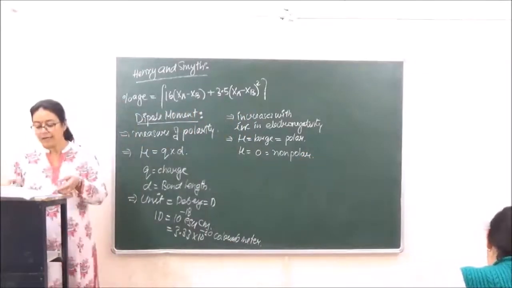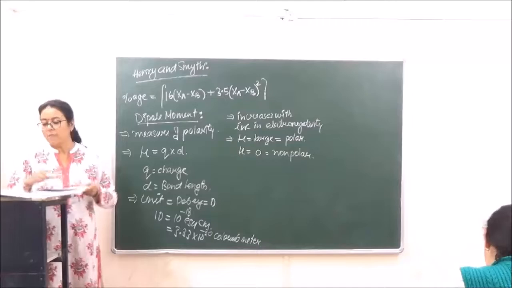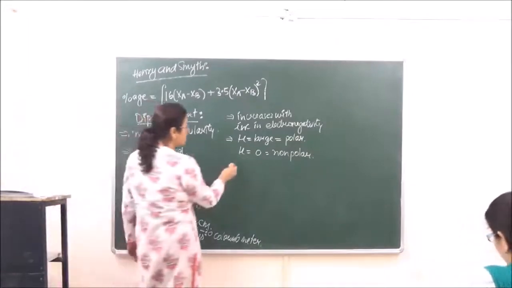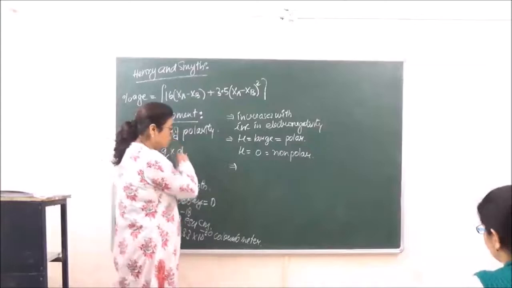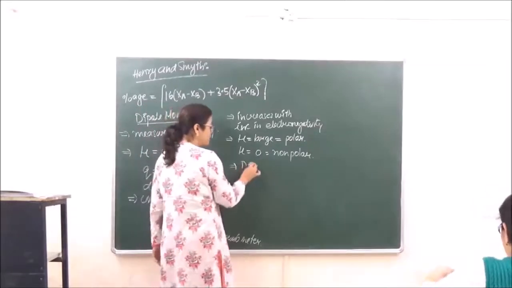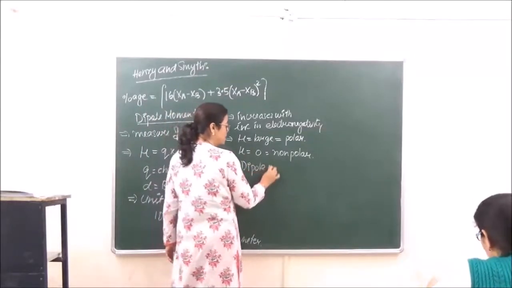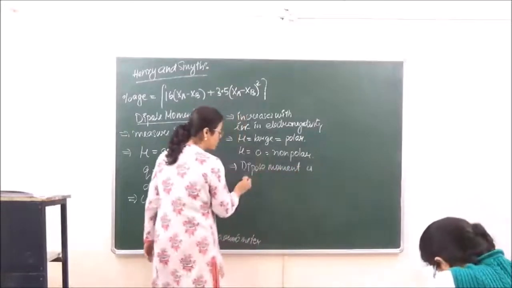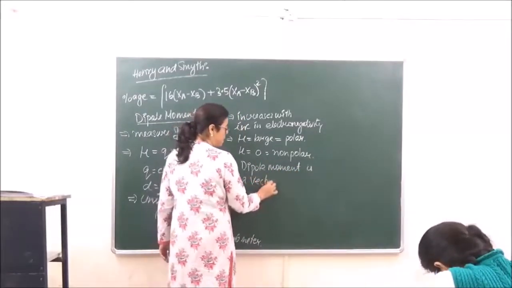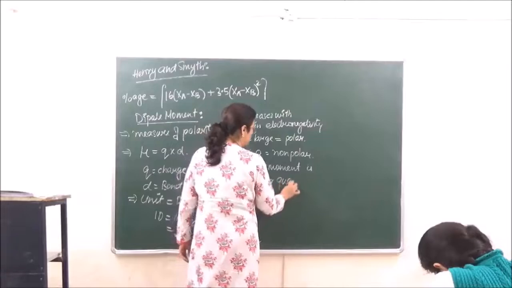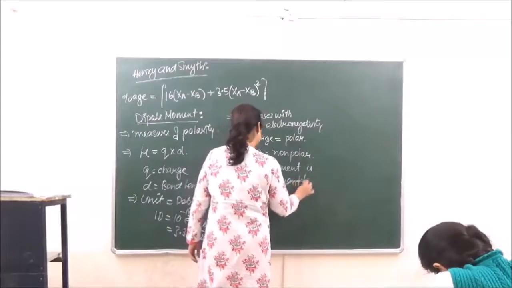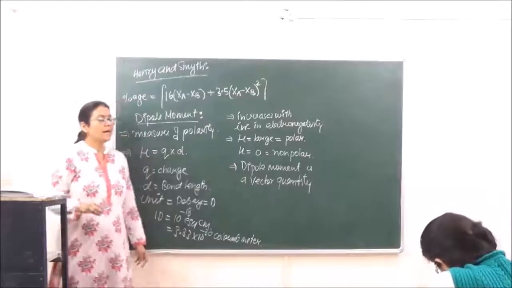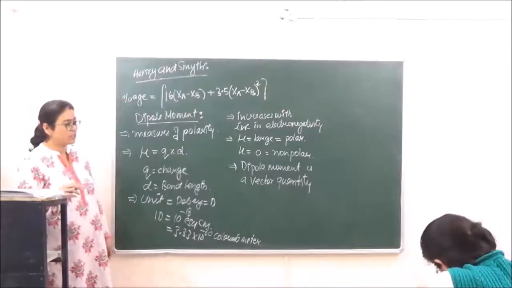Now while calculating the value of D or manipulating the value of D, we have to keep one thing in mind. We say that the dipole moment is a vector quantity. ठीक है? Now if it is a vector quantity, it will have both magnitude as well as direction, right?